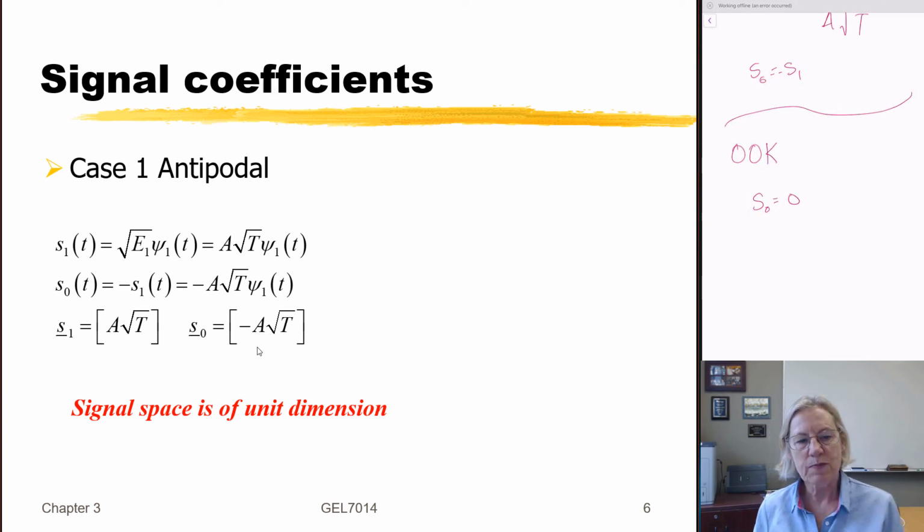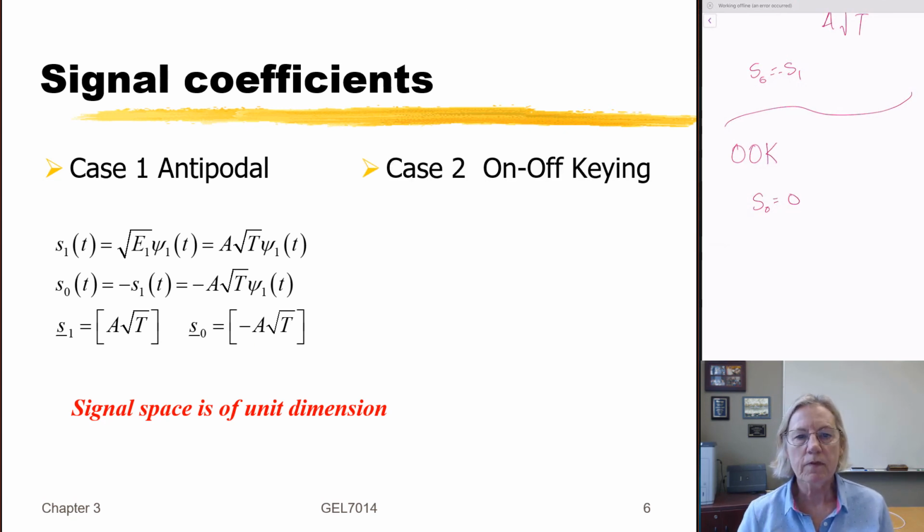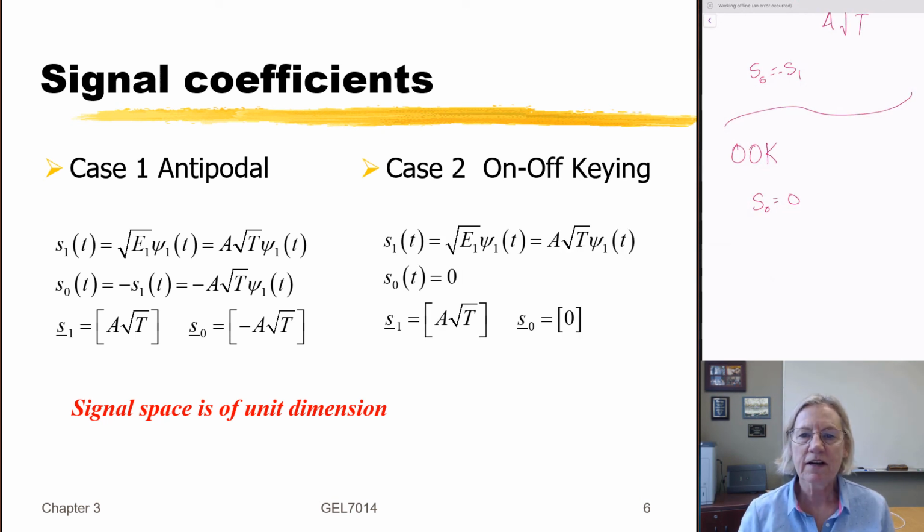So the space is just a line, very simple signal space. In the case of on-off keying, something very similar. We get S1 and S0, the same S1, but of course S0 is just 0 in this case. It's a single point at the origin. There's no energy because it's just the point at the origin.